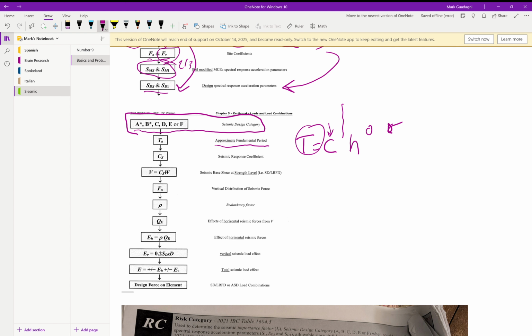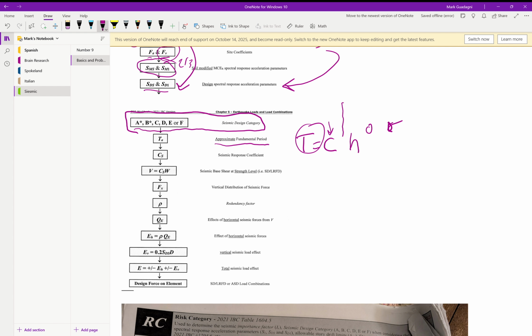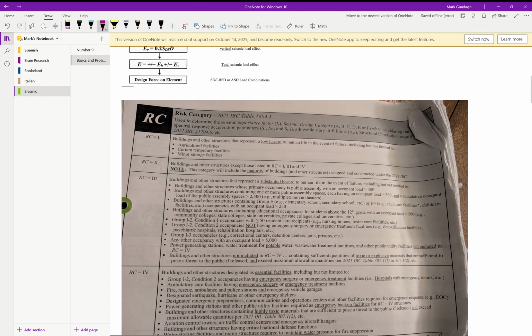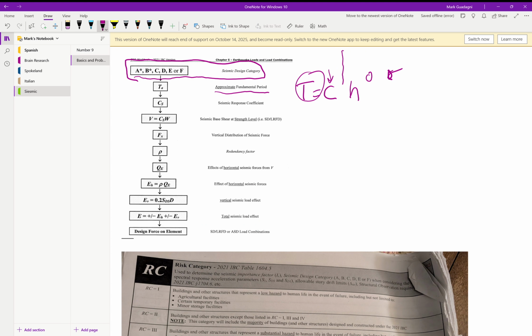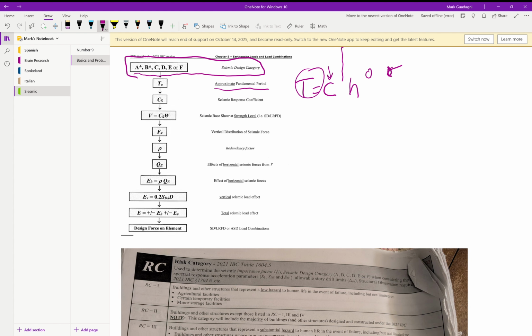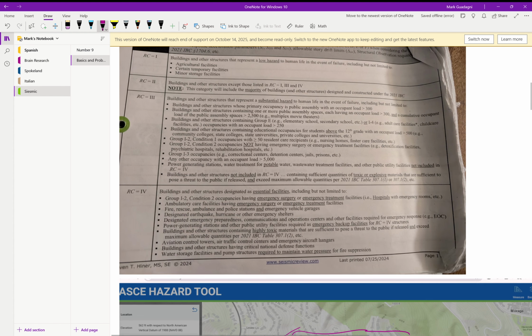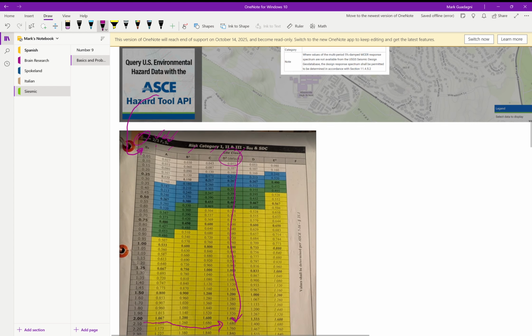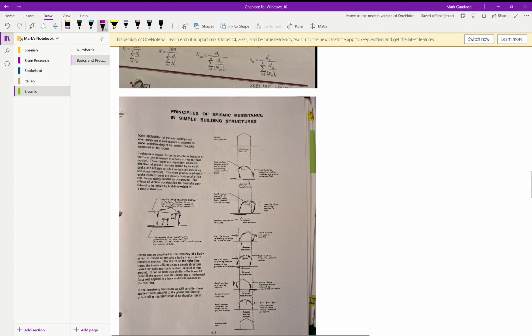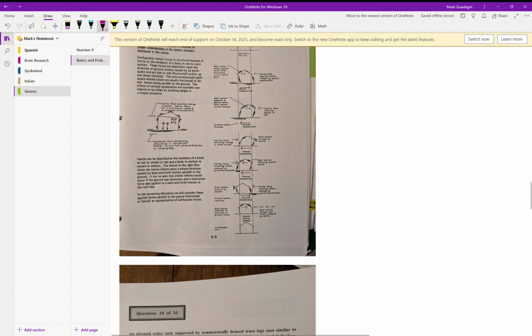Next, you'll want to get your seismic response coefficient. And your seismic response coefficient is kind of like the crux of every single problem. It's basically a ratio of your seismic weight to how much base shear you're going to get, and that's a function of characteristics of your building and all the characteristics we talked about.